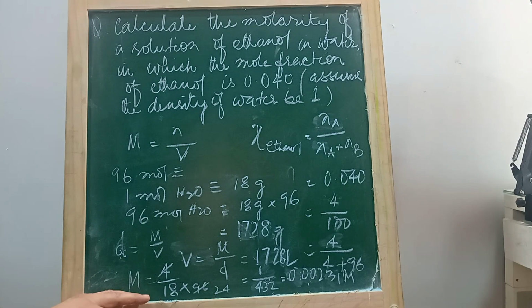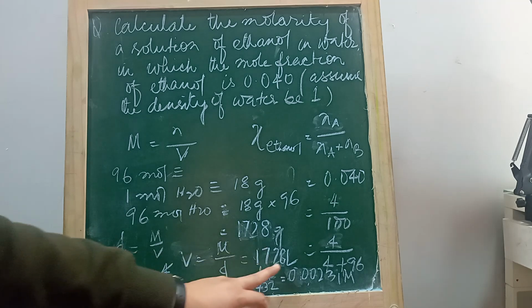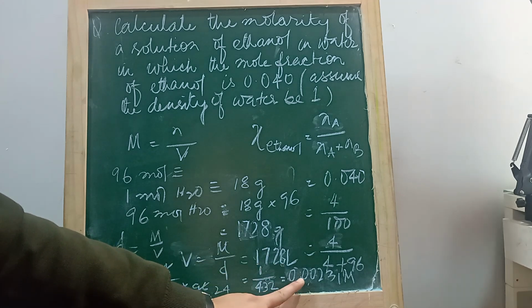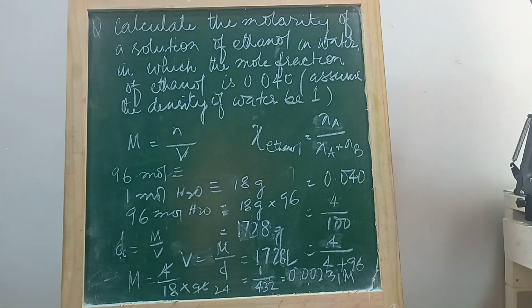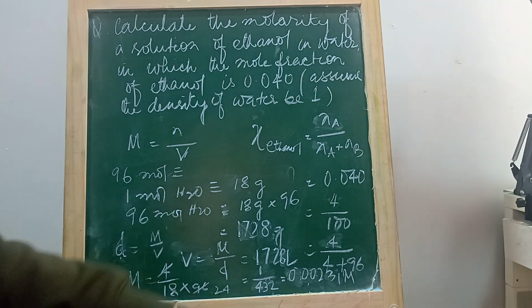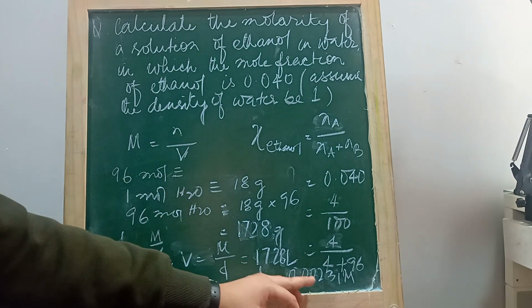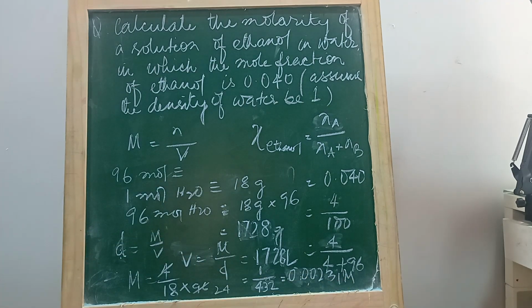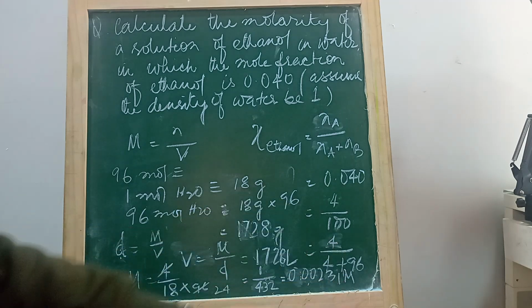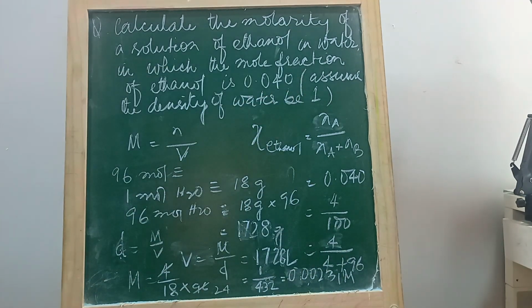So the molarity will be 4 divided by 1728 liters, and it comes to 0.0023 molarity, written by the symbol M. This will be the molarity of the solution. 0.0023 molarity means that 1 liter of solution will contain 0.0023 moles of ethanol. I hope it's understood.